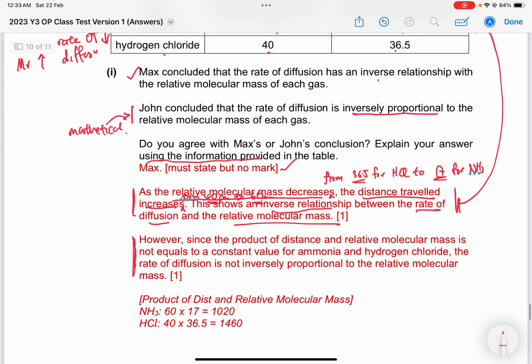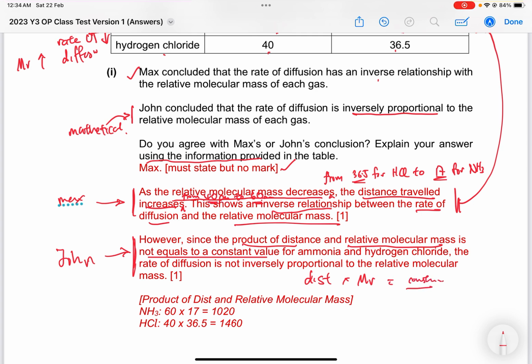However, so this one now is trying to justify. So this for Max explanation, this for John. So they say for John, however, since the product of the distance and the relative molecular mass is not equal to a constant value. So you can see here it is the distance multiplied by the Mr. It must give me a constant.